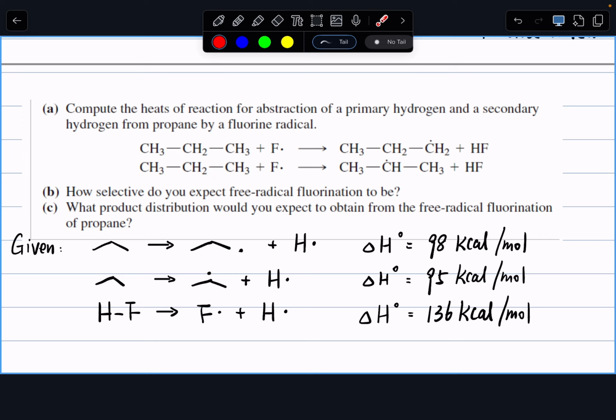Plug that into the calculator, that's negative 38 kilocalories per mole. Again, this is my BDE of primary C-H, and this is the BDE of H-F. Same thing for the secondary C-H.